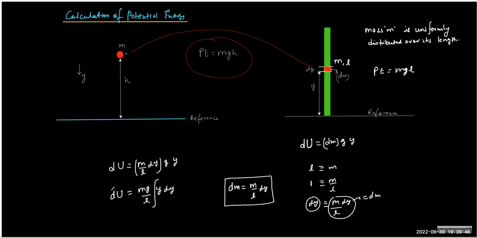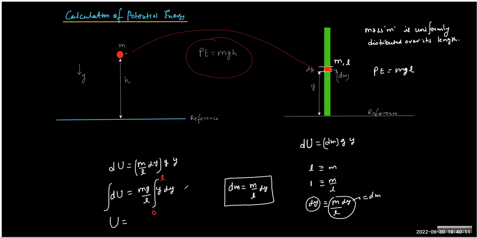So if we integrate now to cover the entire rod, to find the total potential energy, the y must vary from where to where to cover the entire rod? 0 to L. Okay, Rugved is getting stuck in this part, I think.